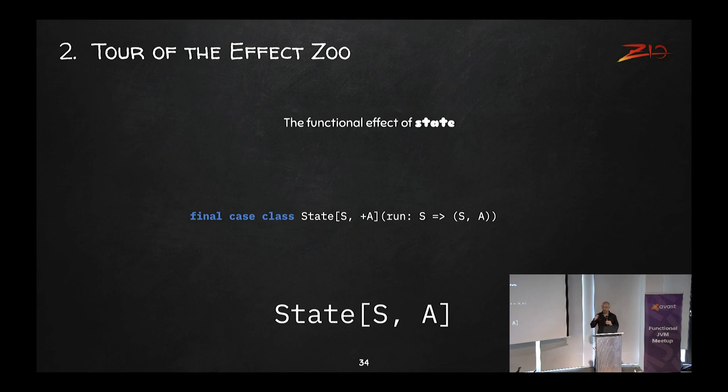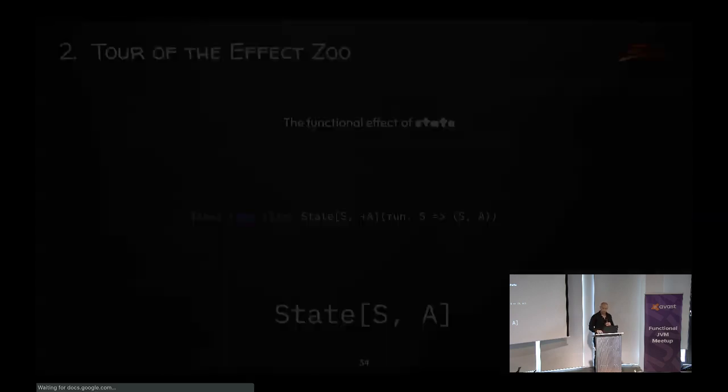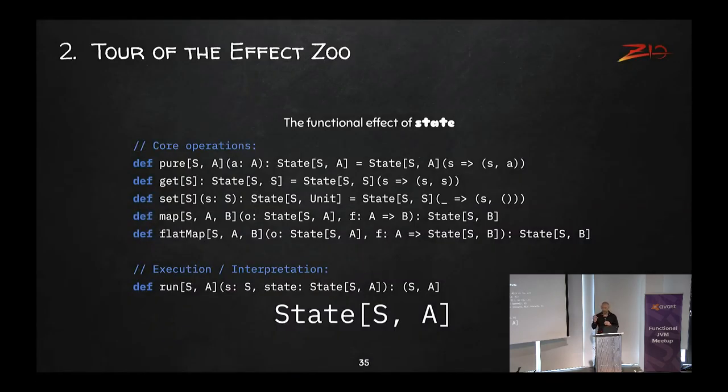State can always change the state. When you call run, it can change the state, and it's always going to succeed with a value of type A. The core operations are to take an A value and to succeed with that value without changing the state, to get the state and to set the state, and then of course map and flatMap, like we've seen with all these other functional effects.